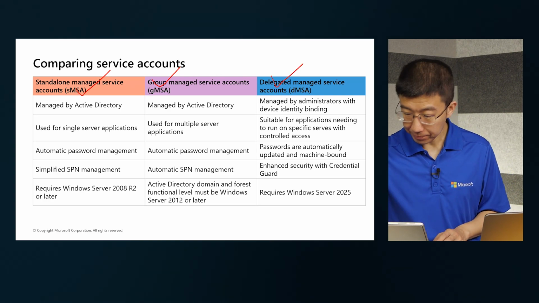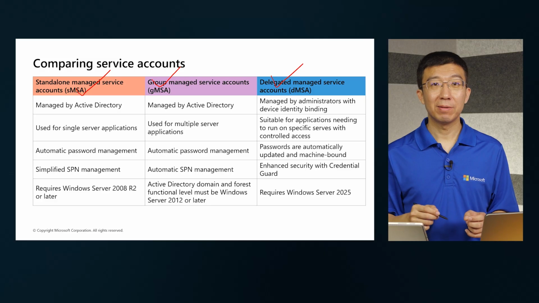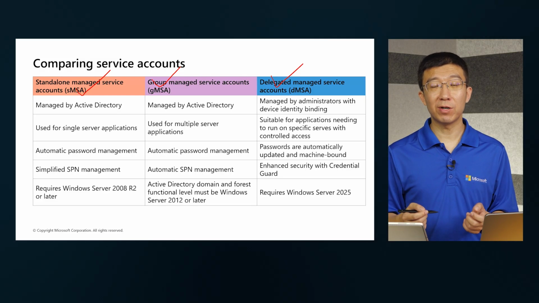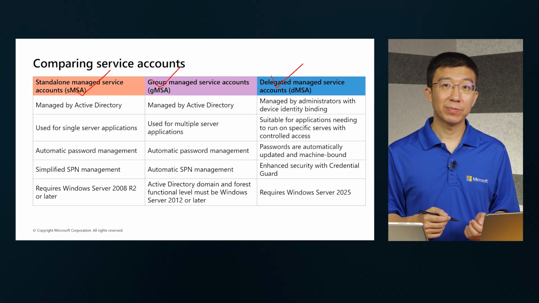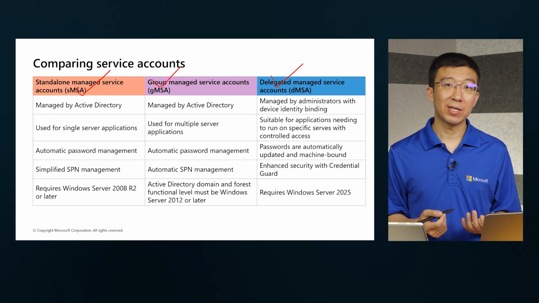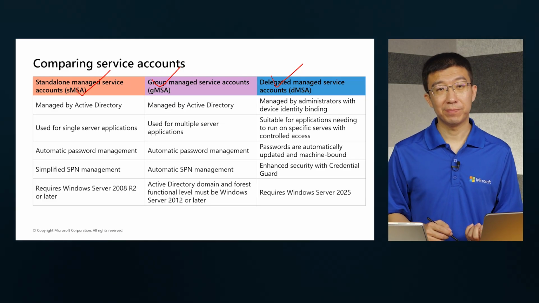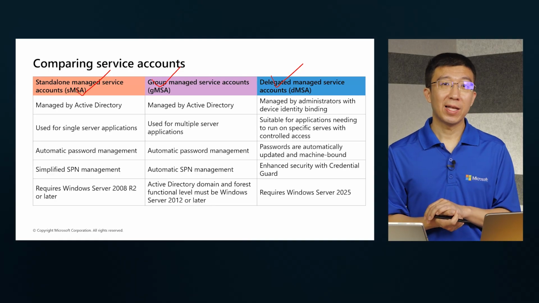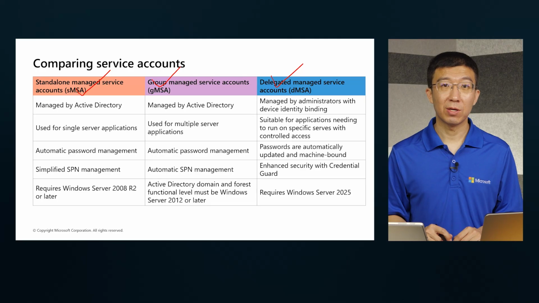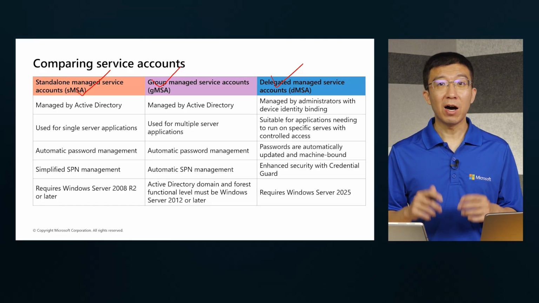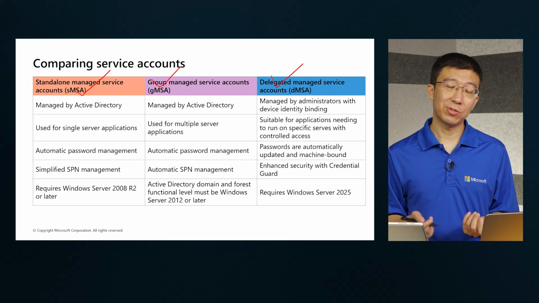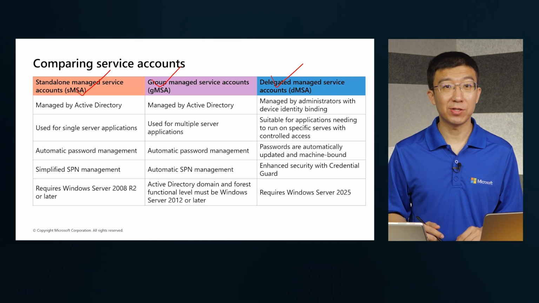And delegated managed service accounts, which are new in Windows Server 2025, are for applications needing controlled access on specific servers. Each type has different management and security features, with DMSAs offering enhanced security by binding credentials to specific devices.